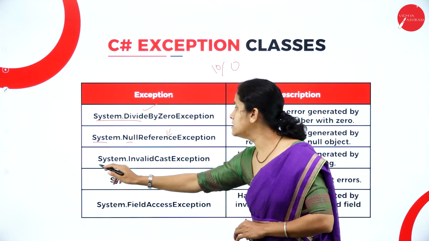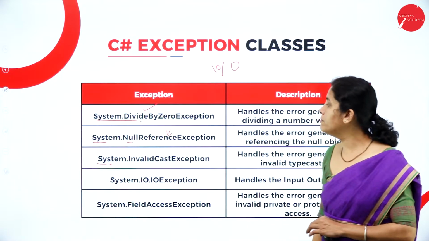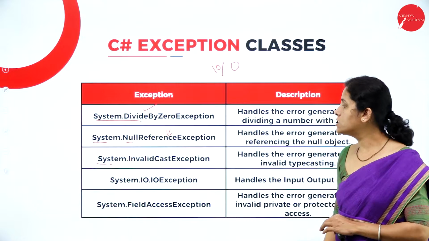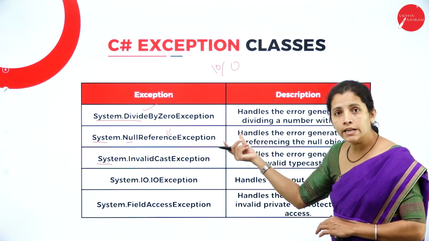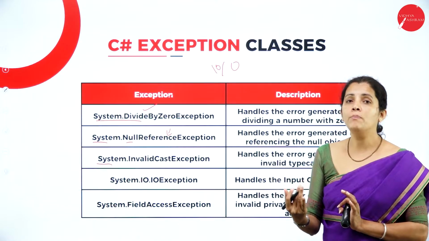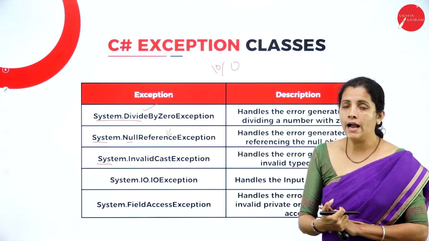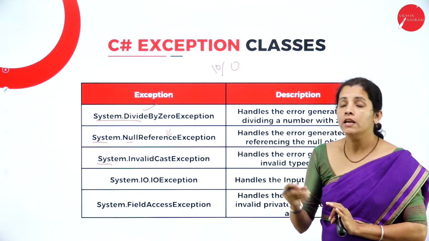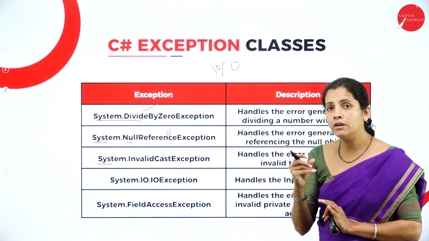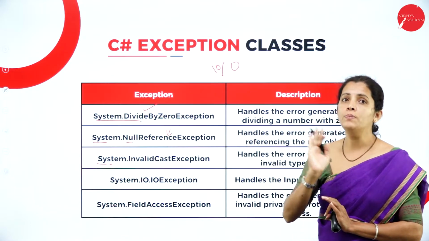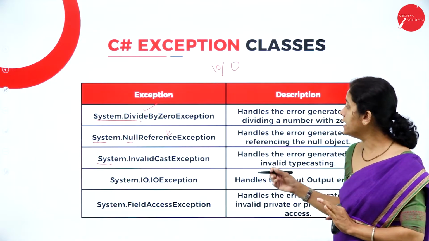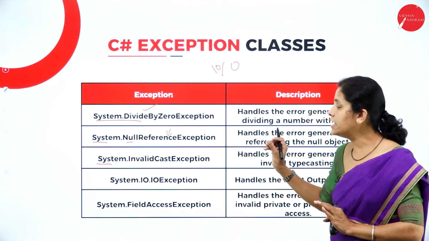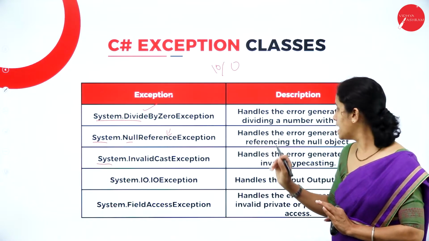Now here, see, System.InvalidCastException. There are certain times I'm going to perform typecasting. In C#, if I try to convert a string to an integer or an integer to a string, there are certain times it generates a typecasting exception.